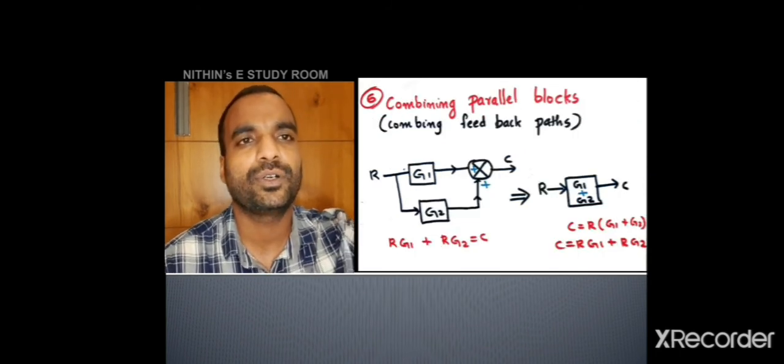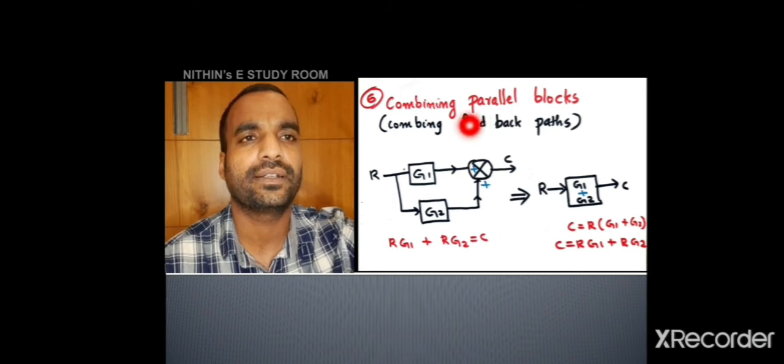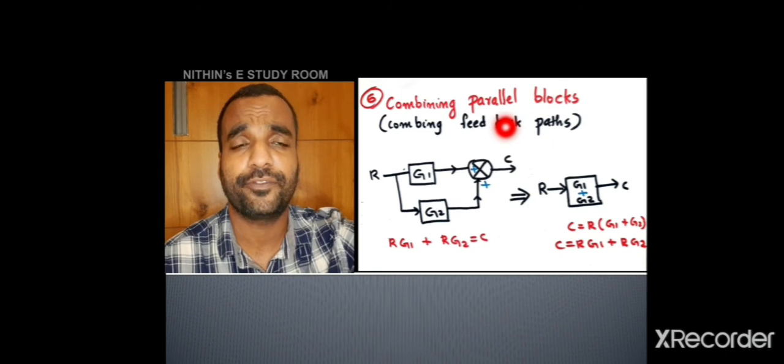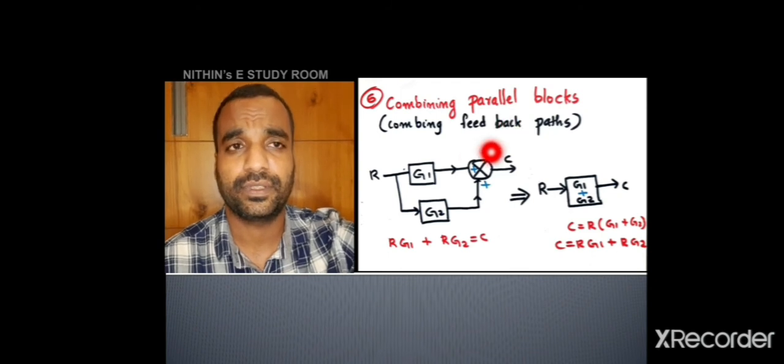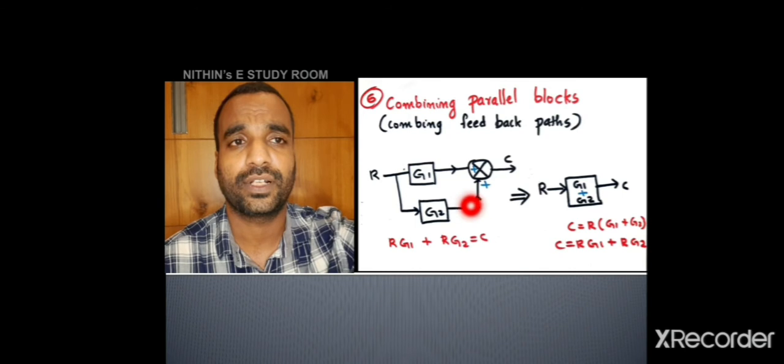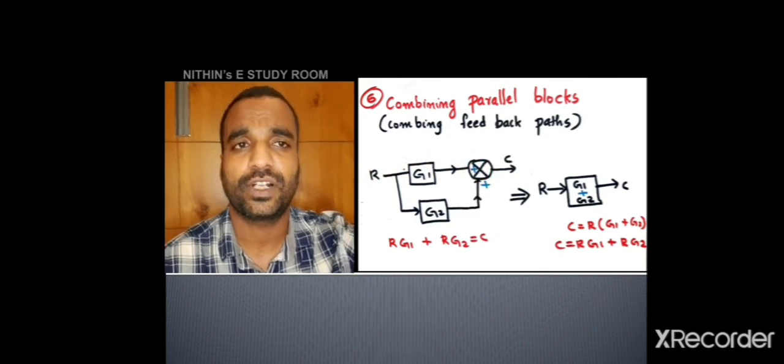Okay, in this you have to rewrite combining feed forward path, not feedback path. This is my mistake. What is meant by feed forward path? Feed forward path is just a parallel path to the main forward path R into G1. This is a forward path and this is a feed forward path because it is parallel to the main forward path.